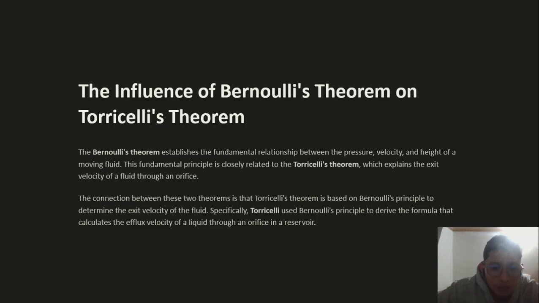The connection between these two theorems is that Torricelli's theorem is based on Bernoulli's principle to determine the exit velocity of the fluid. Specifically, Torricelli used Bernoulli's principle to derive the formula that calculates the efflux velocity of a liquid through an orifice in a reservoir.